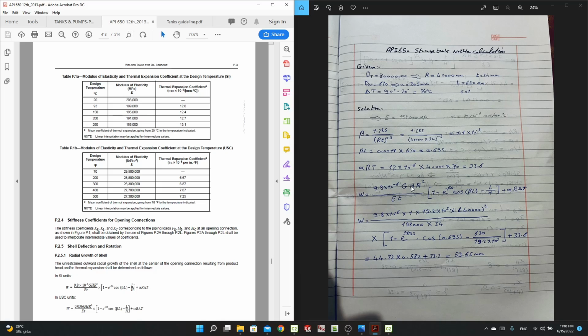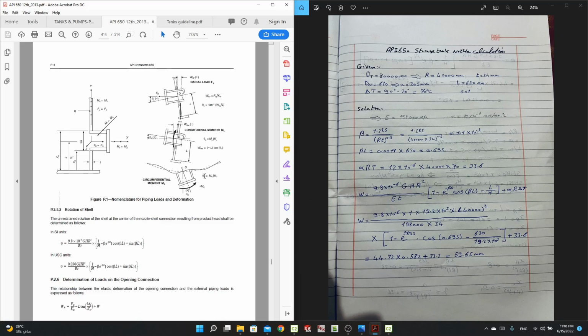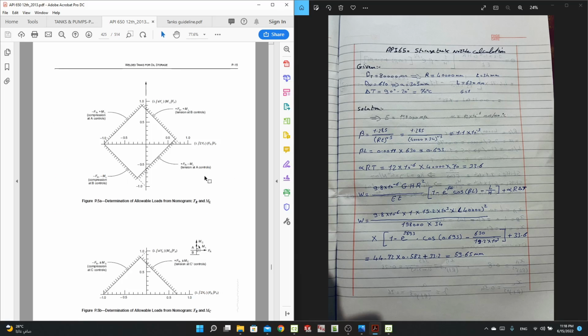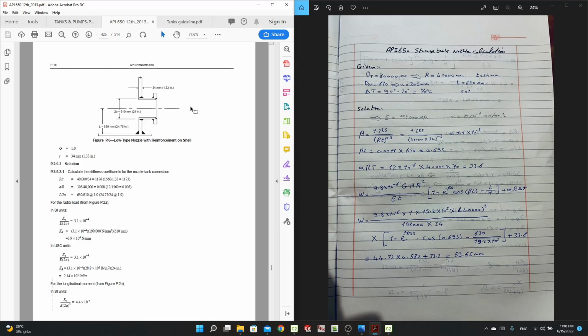It's the G times H, which is the height of the tank. You'll find a figure that's showing this. But H is the height of the tank, R is the radius of the tank, E is the elasticity modulus, times the thickness, and 1 minus the exponential of minus beta times L, cosine beta L. We calculated it, and it will give us 39.65.